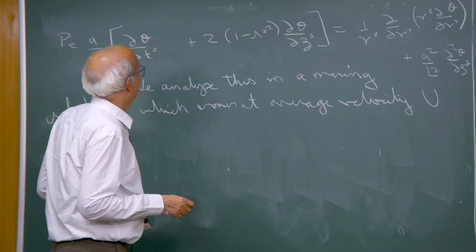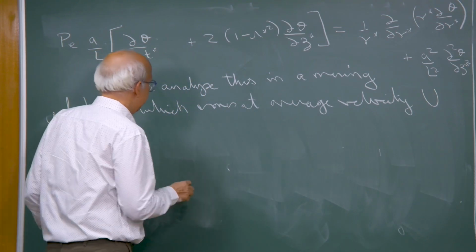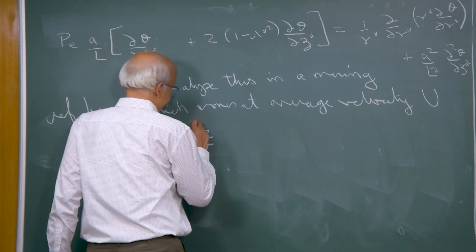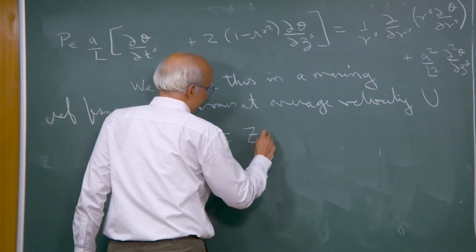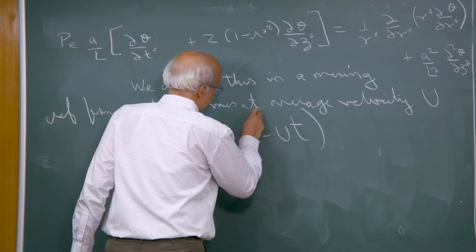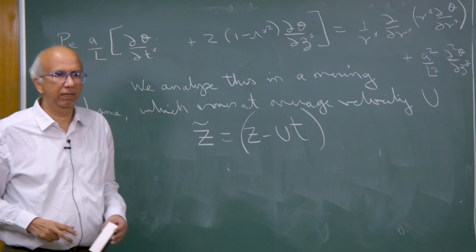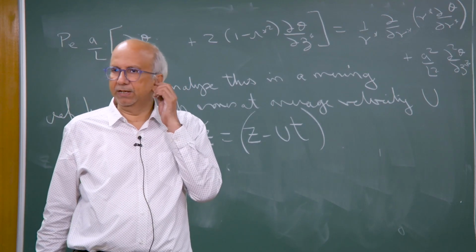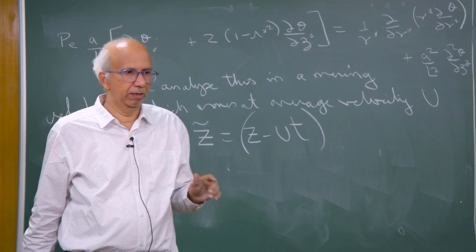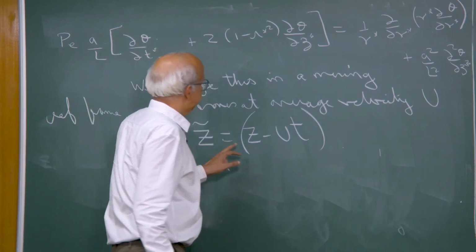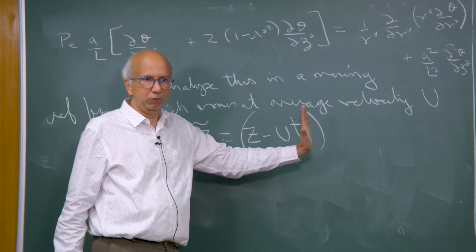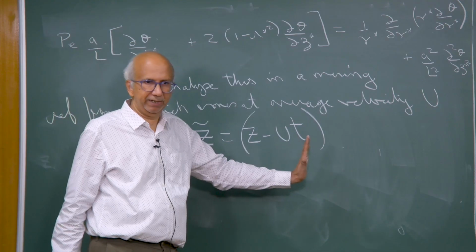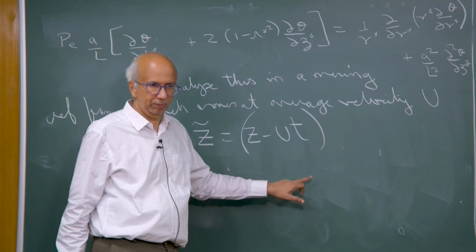So, what I am going to do is I am going to say this z minus ut, where z and t are in the stationary reference frame. So, if I am looking at it from far away, as the slug moves, it occupies z position, that is going to be given by ut.